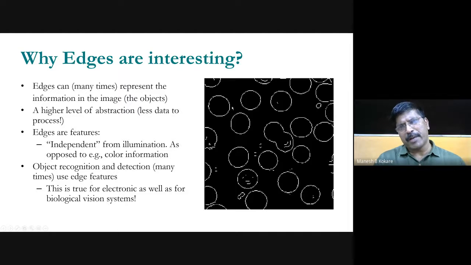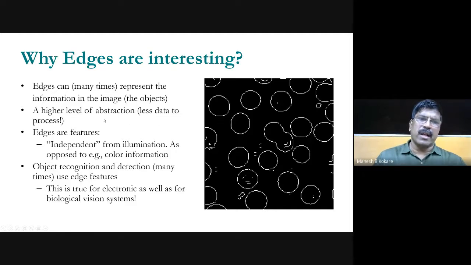Shape can be detected by using the edges. So for computer vision to be successful, edge is a very important component to detect. Edges many times represent the information in the image or object. That is one of the important reasons why edges are to be detected.